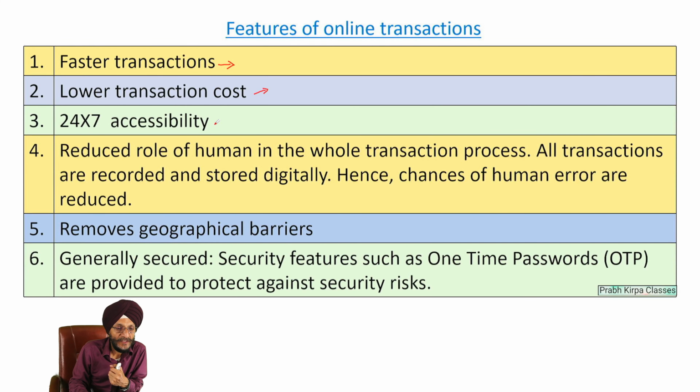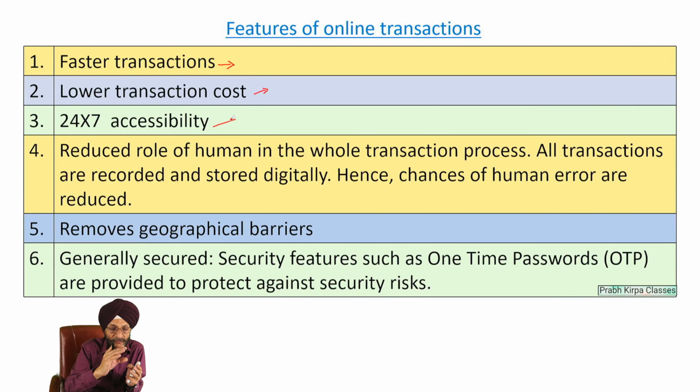Next is 24 by 7 accessibility. You can purchase or sell something online 24 by 7, or you can send the payment to someone 24 by 7. As already explained, if you are to make payment to someone, you can make the payment in cash or online. If you want to make the payment in cash, you will not go to his house or office at night.